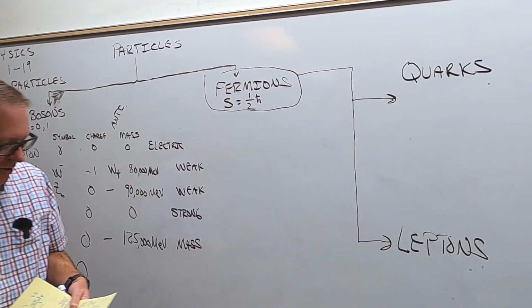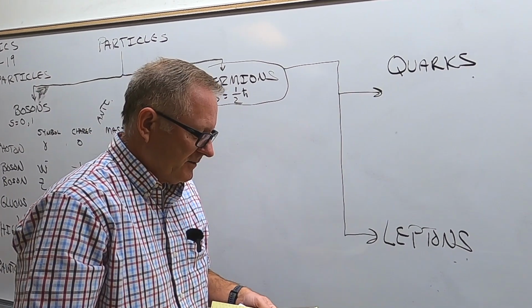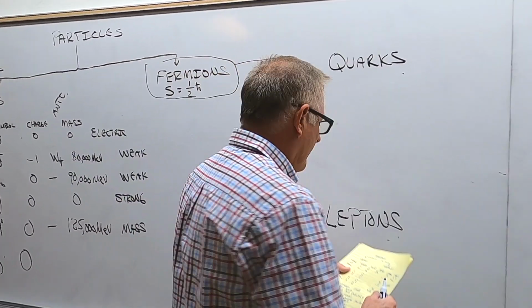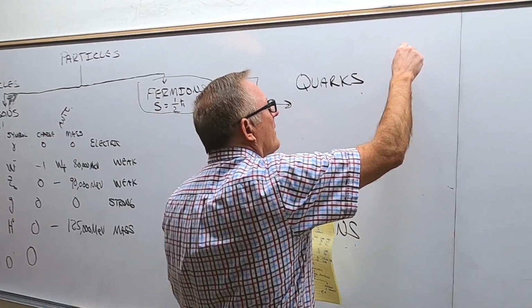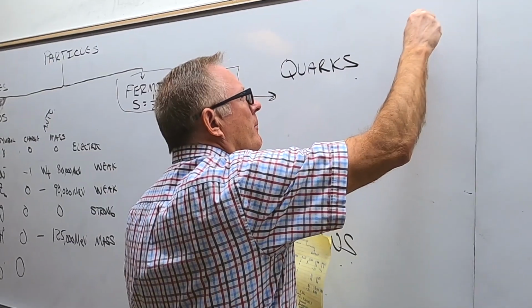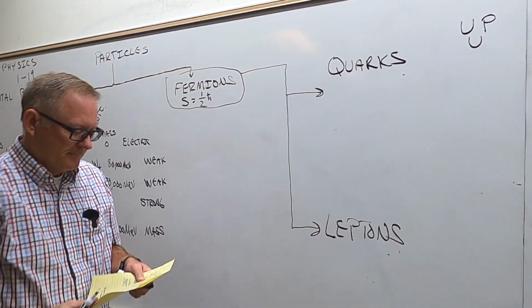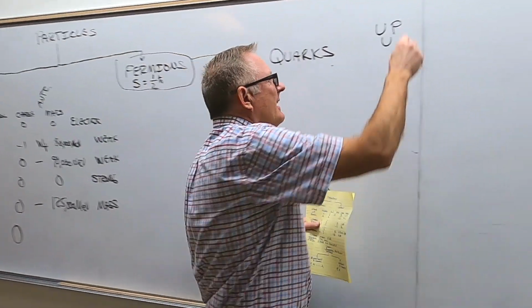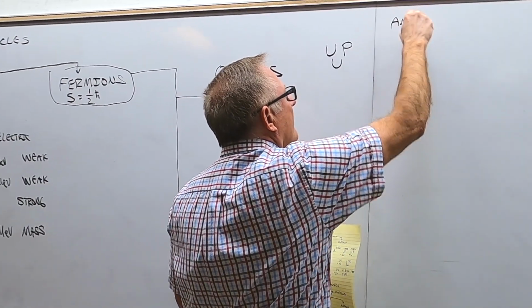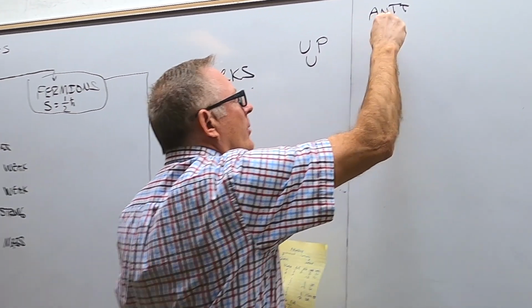Okay. So what are the names of the quarks? Well, one of them is called the up quark, which we'll just use as U. It has an antiparticle, which is U bar.